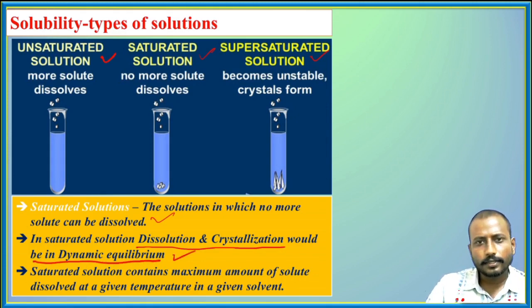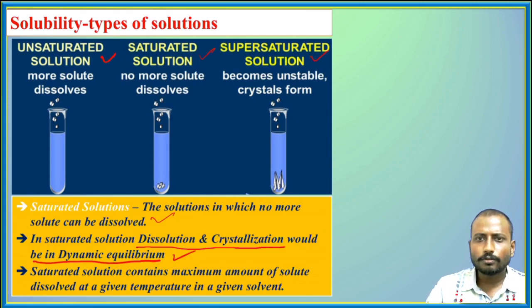A saturated solution contains the maximum amount of solute dissolved at a given temperature in a given solvent. A supersaturated solution contains definitely more solute, but in order to make a supersaturated solution you have to increase the temperature. But saturated solution means at that temperature the maximum amount you are going to dissolve to make the solution. So that is the basic difference.